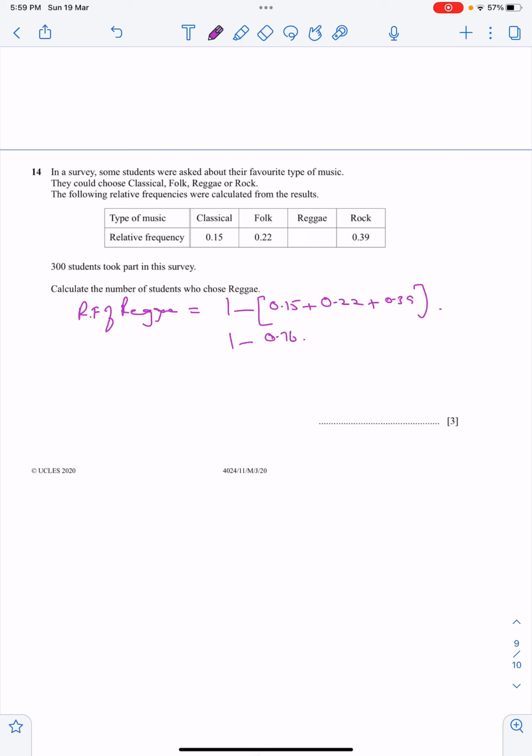So 1 minus 0.76 is 0.24. Then 0.24 multiplied by 300 gives 72. That means 72 students said that they like this music out of 300 people.